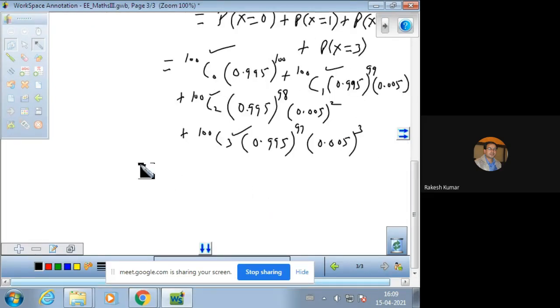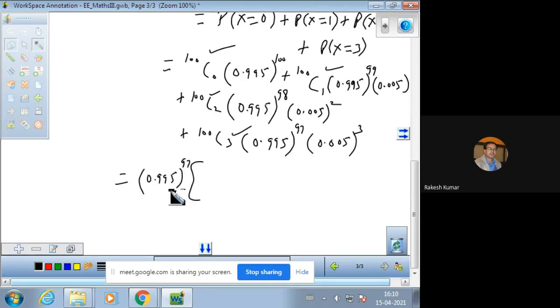You can notice that 100 C0 is 1, and there are powers 100, 99, 98, 97 of 0.995, so the minimum power, 97, can be taken common.